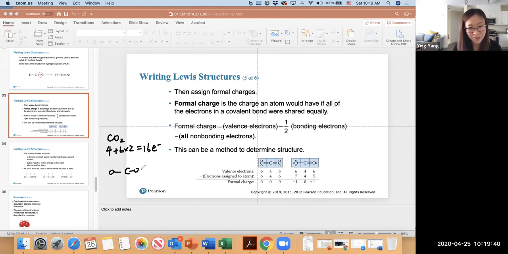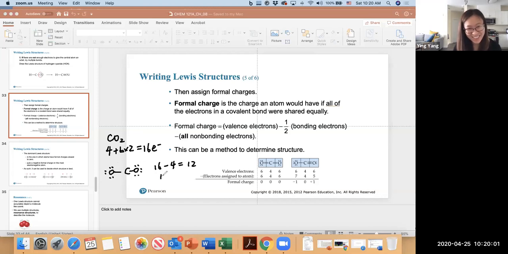First we're going to draw this, and then we have 16 minus 2 here, 2 here, minus 4 bonding electrons. We're left with 12. Then 1, 2, 3, 4, 5, 6.